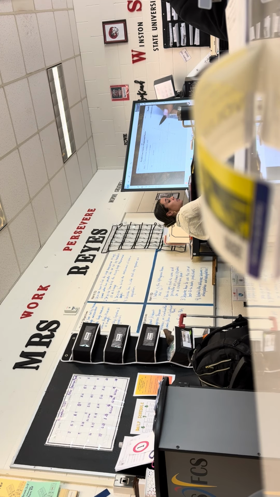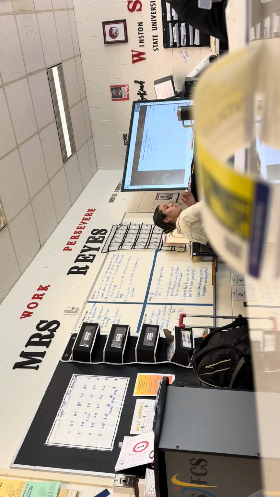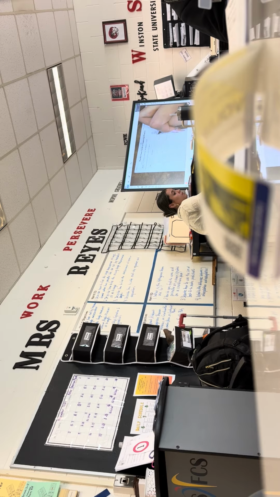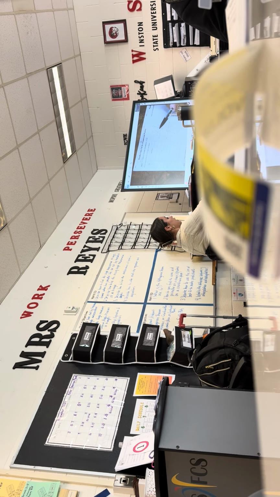So if we have 52, how would we find angle 1? 180 minus 52, which is, if you have a calculator, use it, please. Okay, so we know angle 1 is 128.